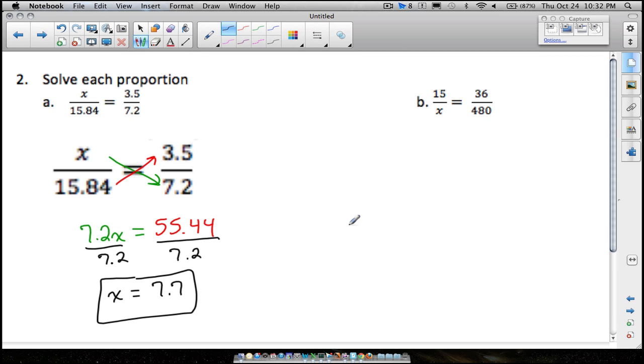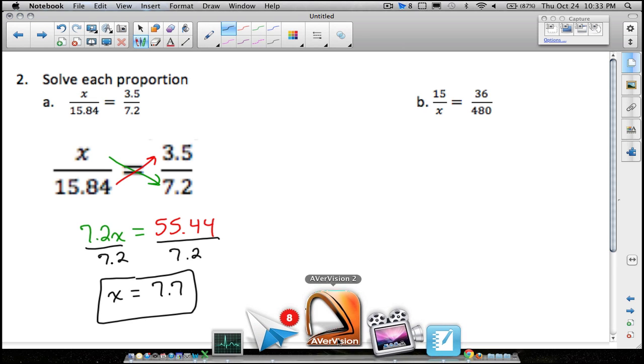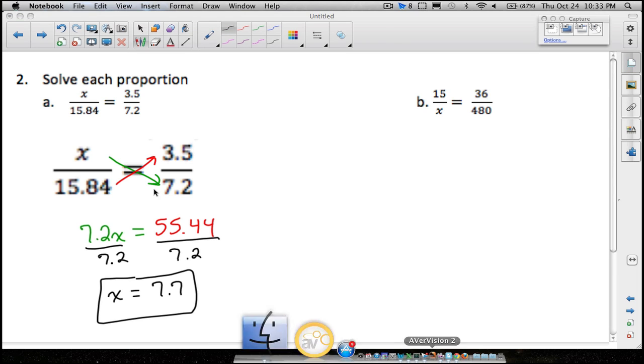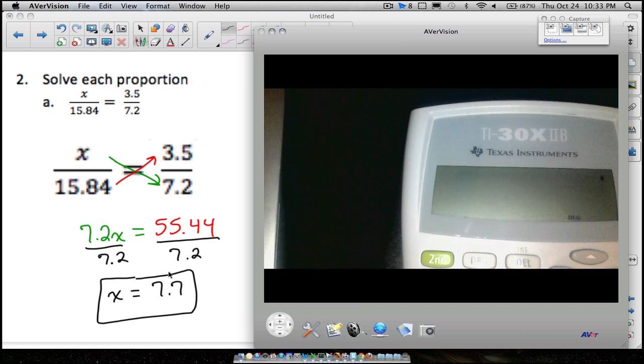Give me a second. Alright, so what we're going to do is this loads up down here. We're going to take this 7.7 and plug it in back up here and make sure we get the same fraction or the same decimal when we divide this. Let's plug 7.7 in right there since x is 7.7.